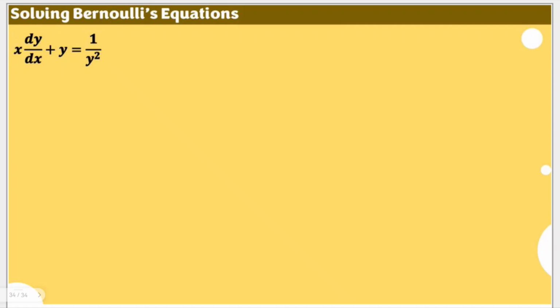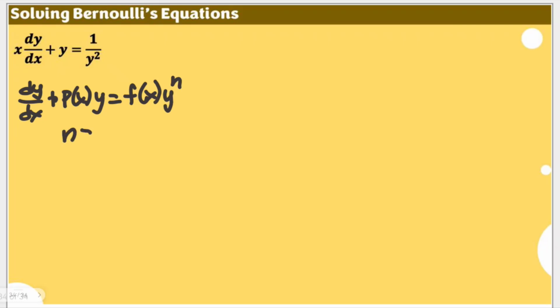The standard form is dy over dx plus p of x y is equal to f of x y to the power of n, where n cannot be 0 nor 1. So let's see if this is really a Bernoulli equation. Since we have an x here, let's multiply all terms by 1 over x.